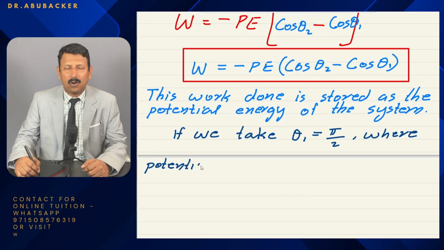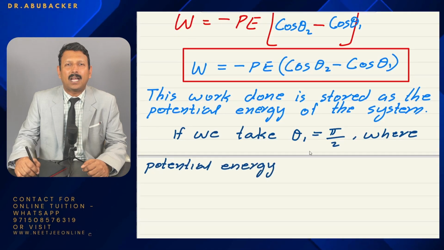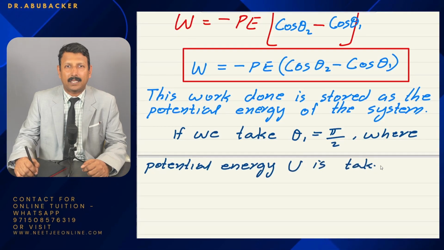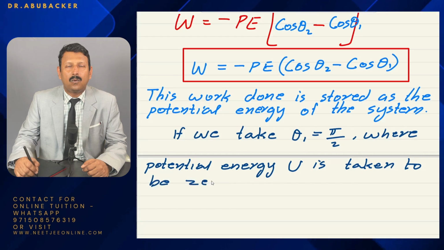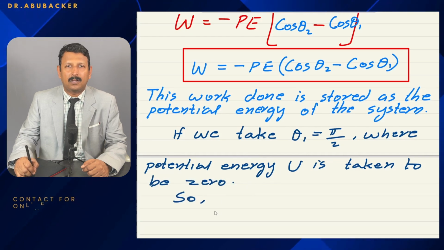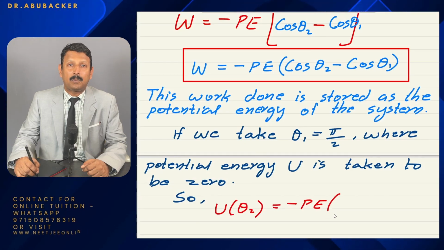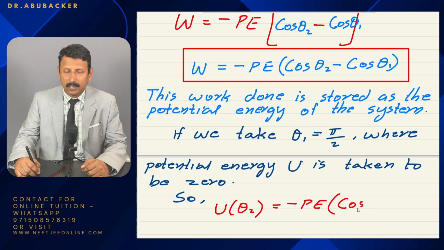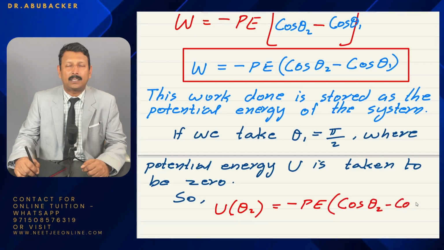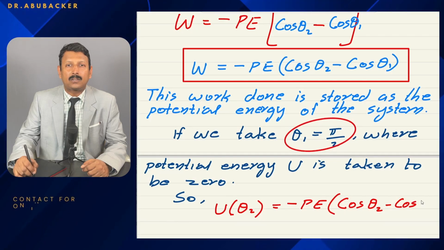Suppose specifically we take theta 1 equal to pi by 2, that is 90 degrees, perpendicular to the field, where potential energy U is taken to be 0. Suppose the initial position of the dipole is perpendicular, where initial potential energy is 0. Then U of theta 2, the potential energy at theta 2, is equal to minus PE, cos theta 2 minus cos pi by 2.